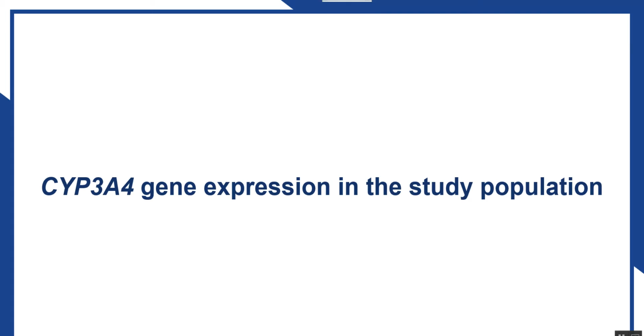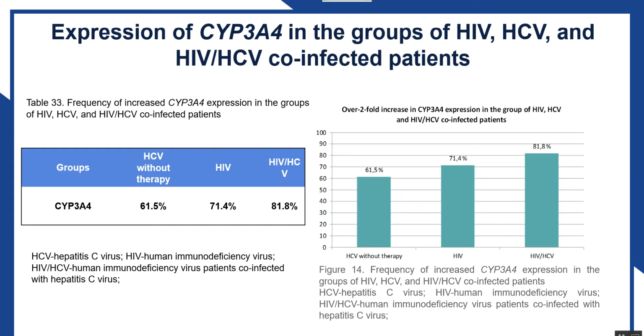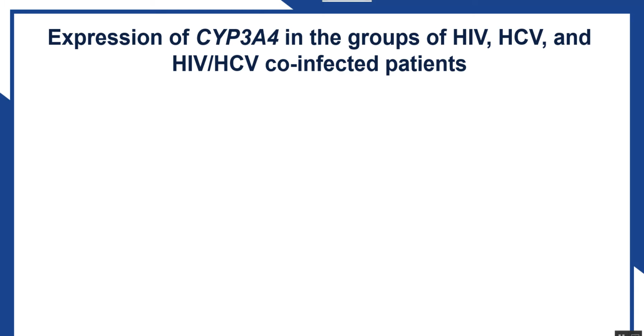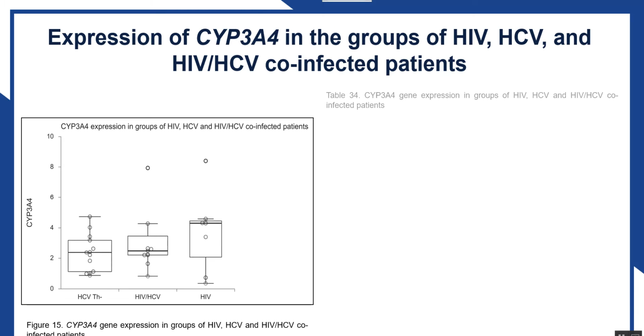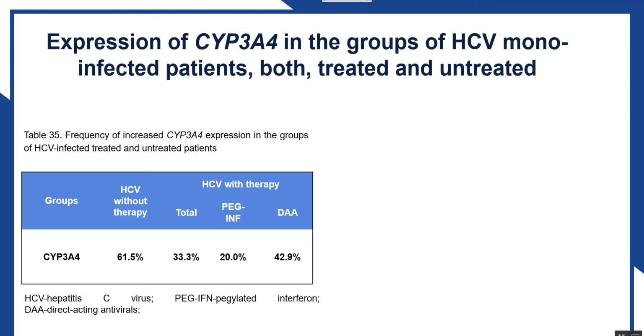And for the results in gene expression of CYP3A4 in this study population, on this slide you can see a frequency of increased CYP3A4 gene expression in the group of HIV, HCV, and HIV-HCV co-infected patients. And here you can see that there was no significant difference when the comparison was made between a group of HIV, HCV, and co-infected patients.